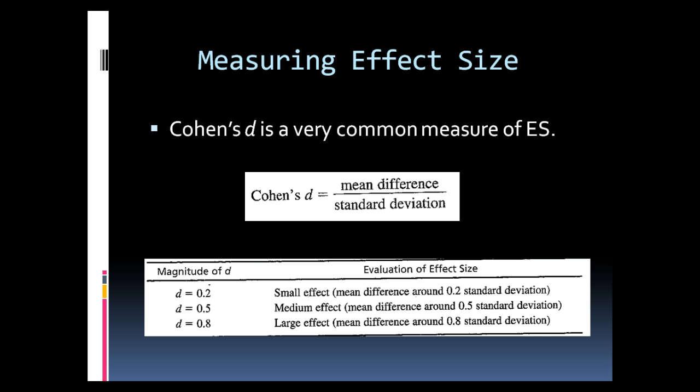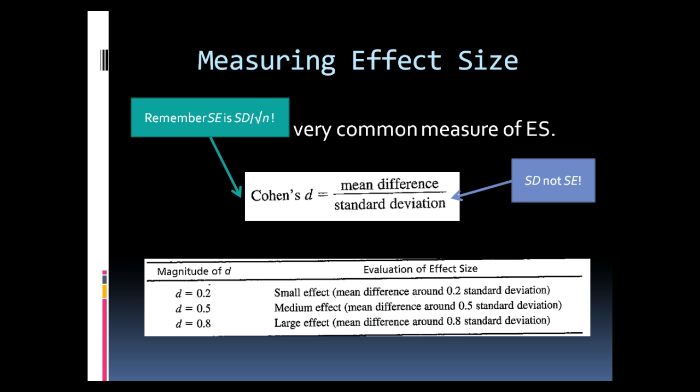And you can state it as a mean difference of around 0.2 standard deviations. Then a d of 0.5 is medium, and a d of 0.8 and larger is a large effect. So remember that we're talking about standard deviation, not standard error, in the denominator for the Cohen's d formula. And remember that standard error is standard deviation divided by square root of n. You see how that formula haunts you?